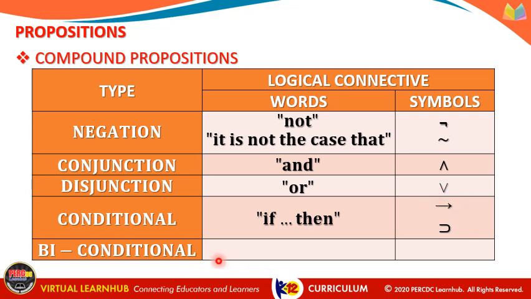Lastly, you have the biconditional proposition. It is if and only if. So if you read if and only if on your proposition, then what you have is a biconditional statement. As for the symbol that is used for biconditional propositions, it's a line with double arrowhead. So these are the types of compound propositions with their connective words and the symbols that usually represent them.